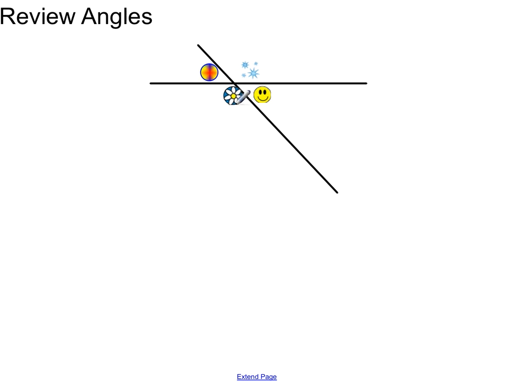I could ask you, give me a supplementary angle to the daisy. Supplementary again means 180. So this angle plus this angle would give me 180. Or this angle plus this angle would give me 180. So that happens when we intersect two lines.